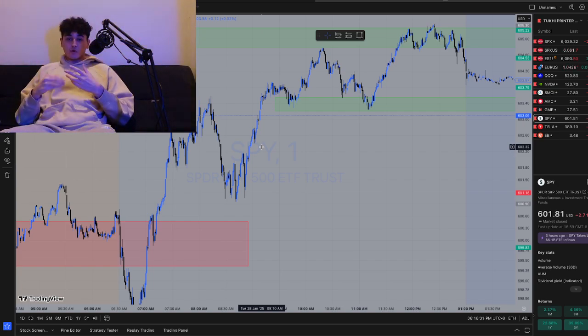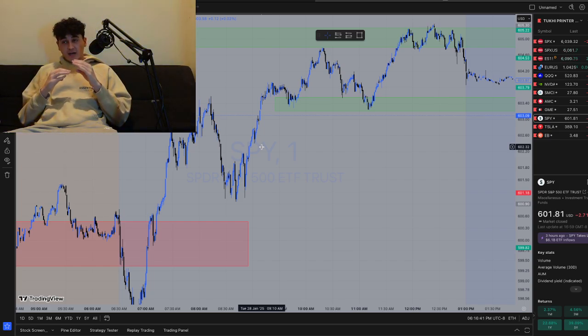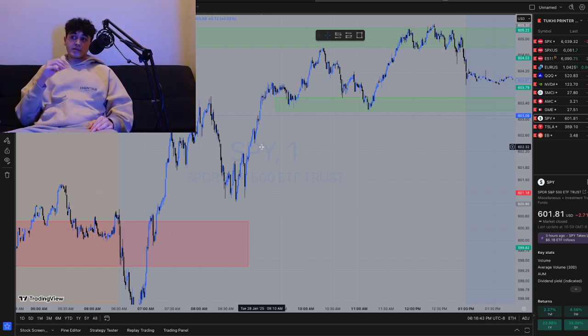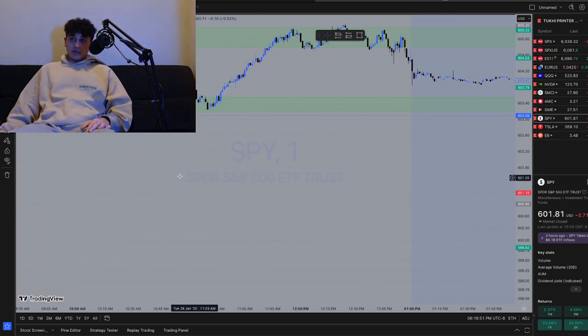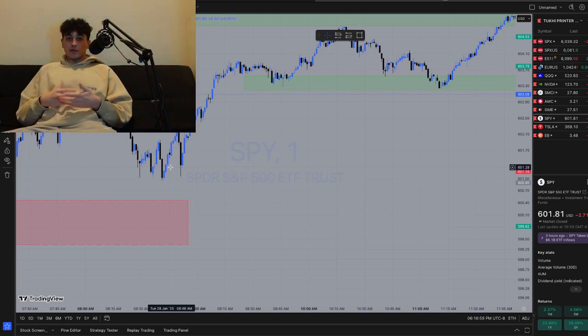Going more into depth on what these areas mean: the demand areas, where we tend to see lots of buyers, are areas where buyers step in because those are typically the lowest point on the charts, pretty much the discounted price. When you look at the lowest point possible within price, it's also like a discount, right?